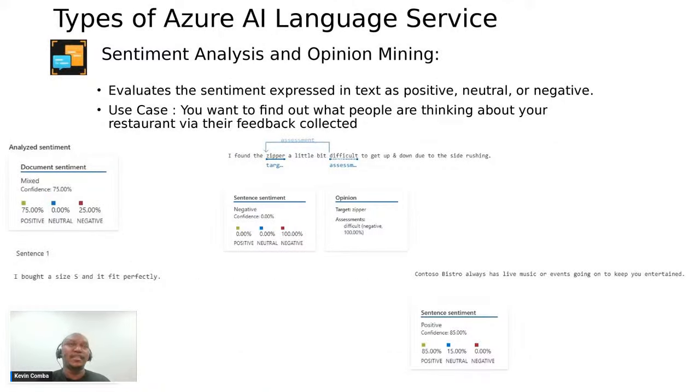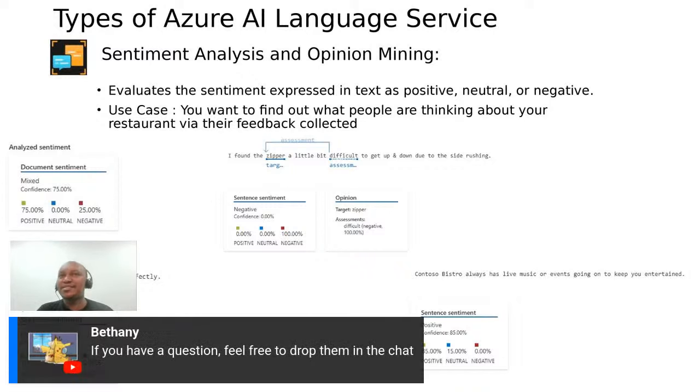Sentiment analysis and opinion mining is also a service in the Azure AI language service. It's able to detect the sentiment and give an analysis of it. What I mean is that if you have a sentence like "I found the zipper a little bit difficult to get up and down", this is feedback from someone who has bought clothing, let's say a pair of jeans. It has a zipper which was difficult to move up and down.